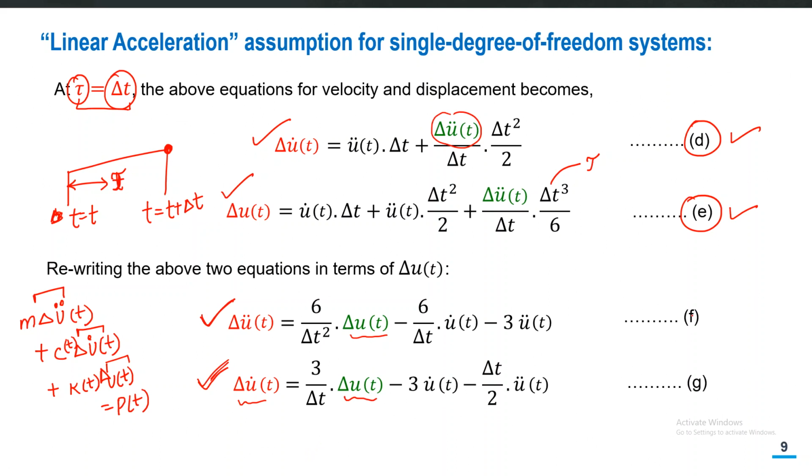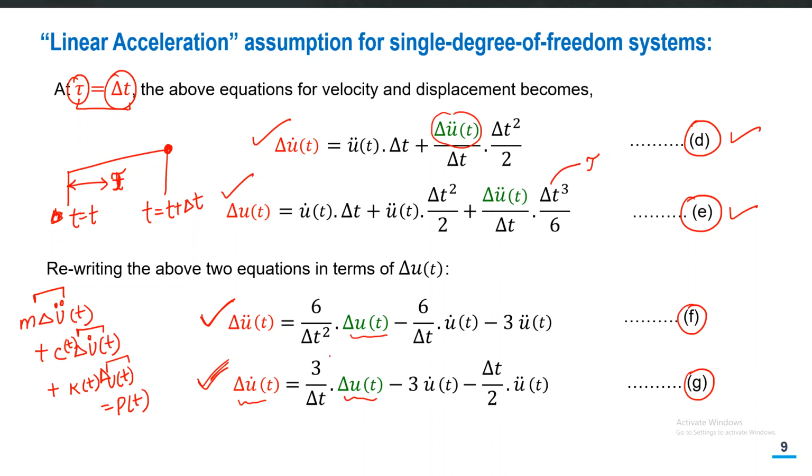Now if we put equations F and G in the governing equation of motion for single degree of freedom systems, we will only have an equation where the main unknown is delta u, because delta u double dot and delta u dot both are written in terms of delta u.